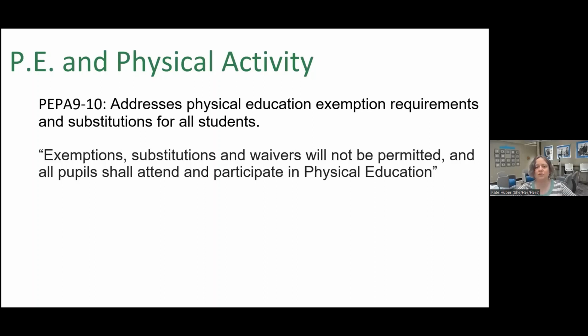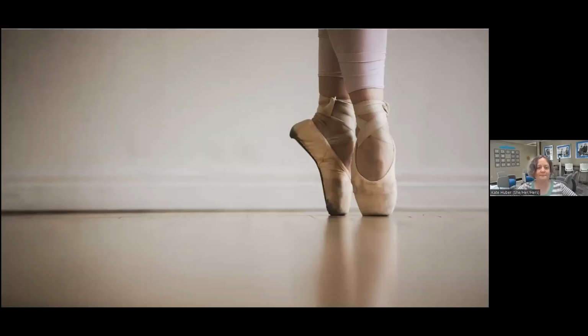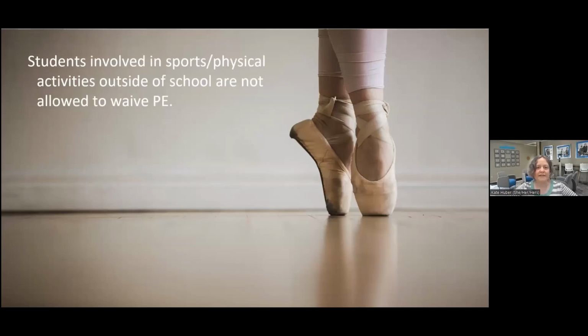In season, students don't need to take PE, or on game days, they don't need to participate in their PE class. We don't want anything to be substituted, waived, or exempted for PE. It is one of the core subjects, so we need to make sure that it is mandated. In addition, I went through all of these.